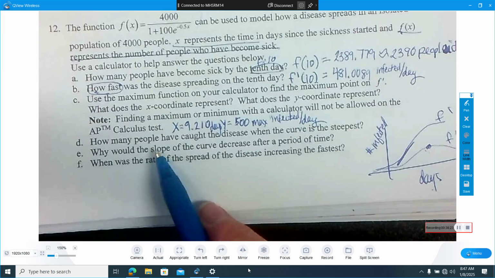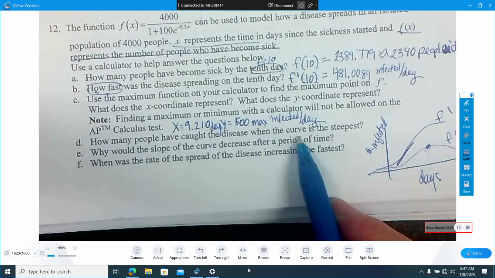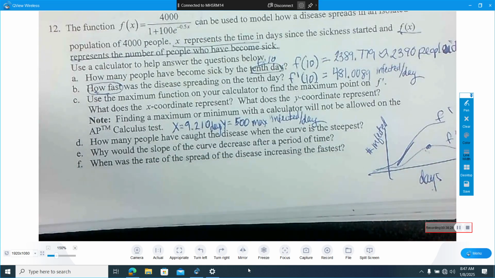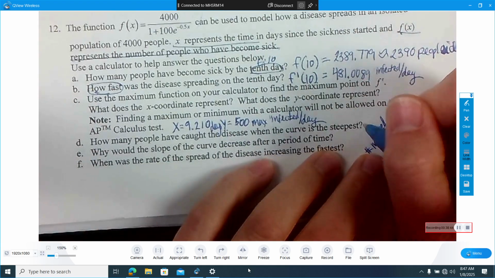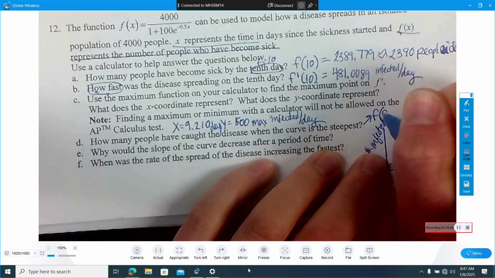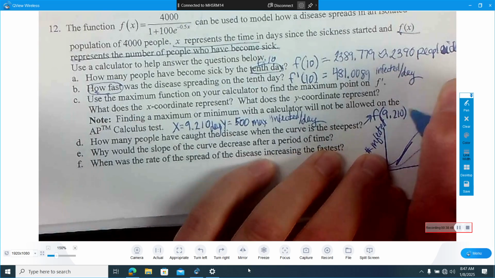How many people have caught the disease when the curve is steepest? Ooh, that's interesting. How do we figure that out? Original curve, very good. 9.21, we take that days and plug it into the f. So we really want f at 9.210.